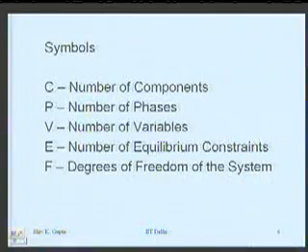That's the number of equilibrium conditions or constraints we have to work out. Then we shall see how many degrees of freedom the system has. Means what are the variables which can be changed maintaining the system in equilibrium. Degrees of freedom meaning I can change these variables of the system, still the system is in equilibrium. Okay, that's what we shall see.